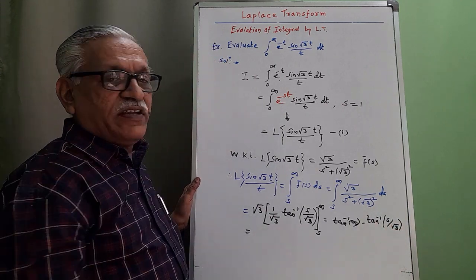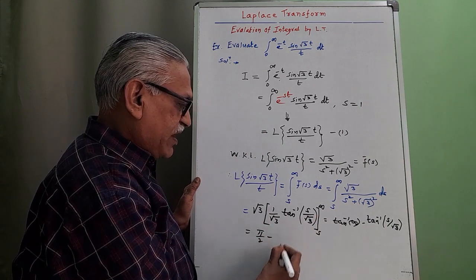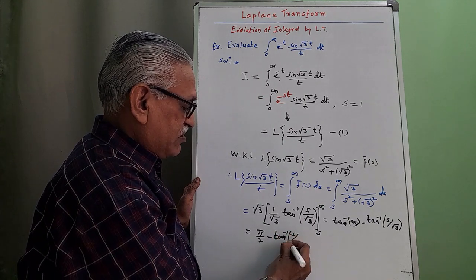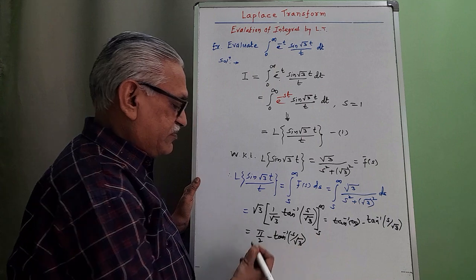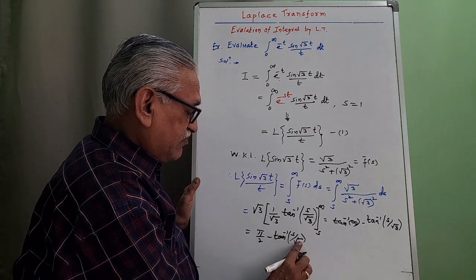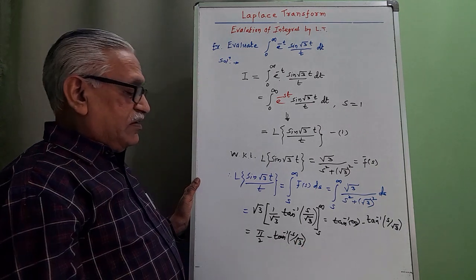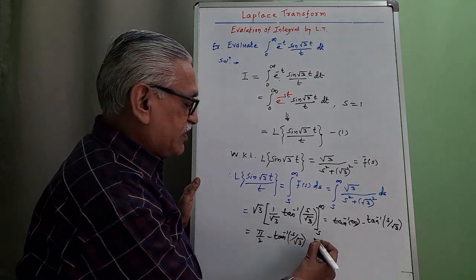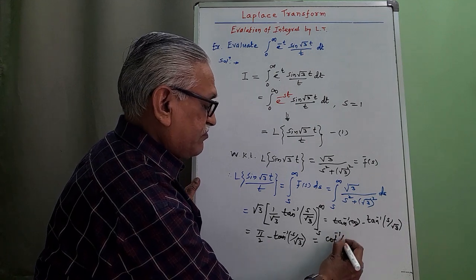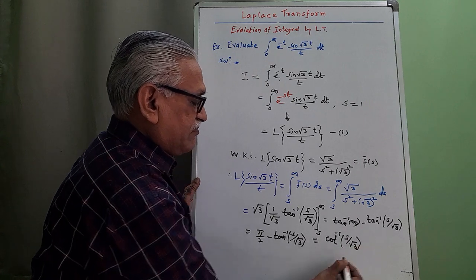But tan inverse of infinity, we know the standard value for that as pi by 2 minus tan inverse of s by root 3. Pi by 2 minus tan inverse theta is nothing but cot inverse, and therefore it becomes cot inverse of s by root 3.